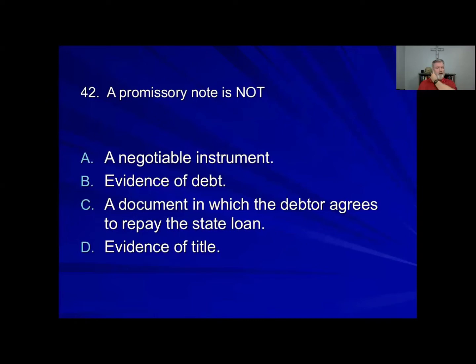I will tell you, right or wrong, there are people that own property that somebody else is paying for. So the loan might be in somebody else's name, but deeded to someone totally different. So just because you have the loan does not mean you own the property. Now, obviously, that's not common, I wouldn't think, but it does happen. So it's not evidence of title.